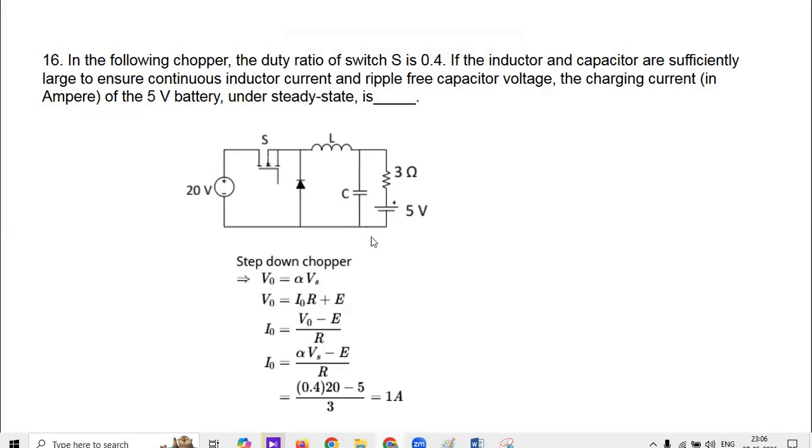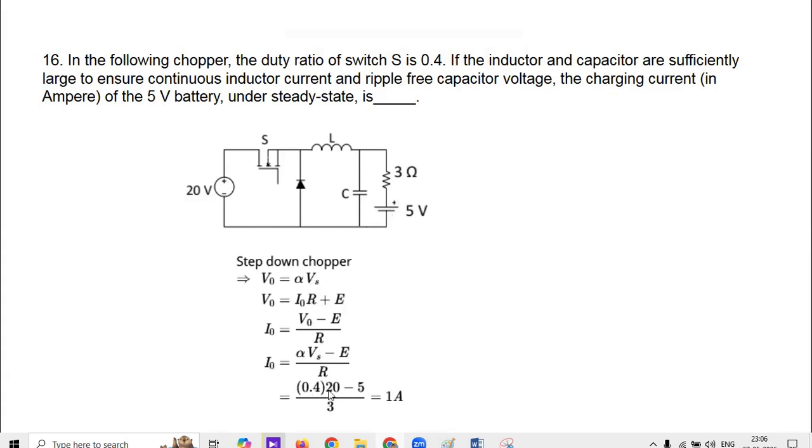So for this case, we can write V0 in terms of the battery voltage and the drop across the 3 ohm resistance as V0 is equal to I0 R plus E. So we can find I0 as V0 minus E divided by R. Substituting for V0 as alpha into Vs, we get I0 equal to alpha Vs minus E divided by R. Alpha is given as 0.4 and Vs is given as 20 volts.